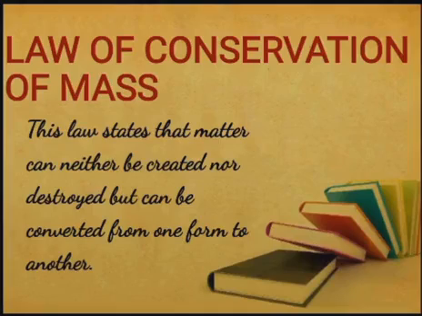In any chemical reaction, the total mass of the reactants must be equal to the total mass of the products. According to the law of conservation of mass, atoms are neither created nor destroyed in a chemical reaction. However, they may be rearranged, forming a new substance.